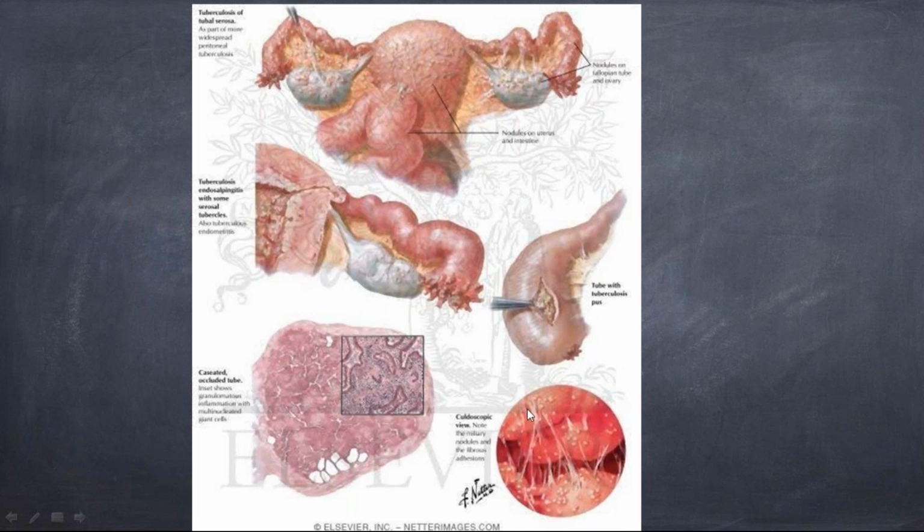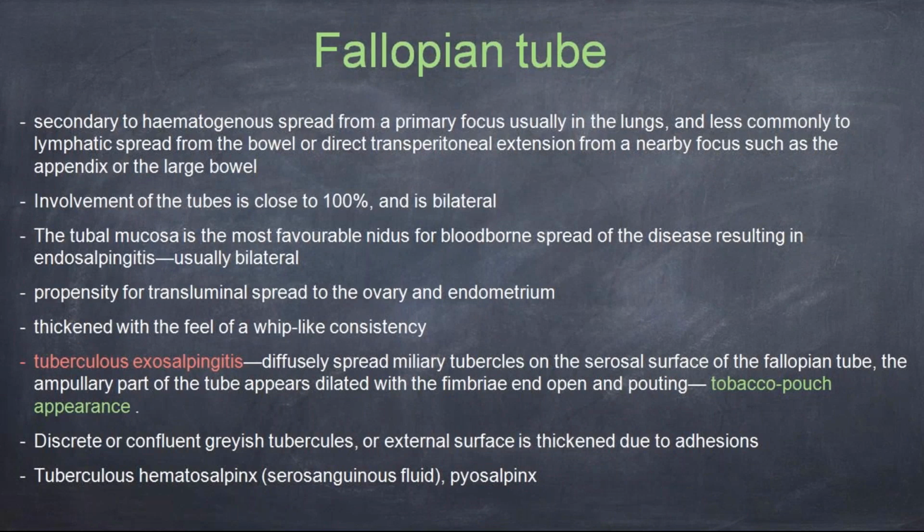Here, what do you see in a laparoscope? These are the adhesions. These are the tubercles. So the most affected part of the tract is the tubes, either due to hematogenous spread from the lungs, or less commonly due to ascending infection.